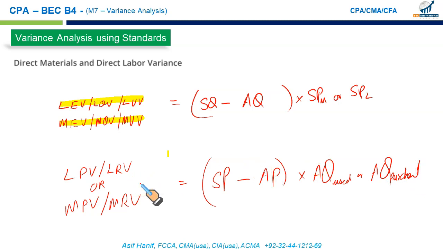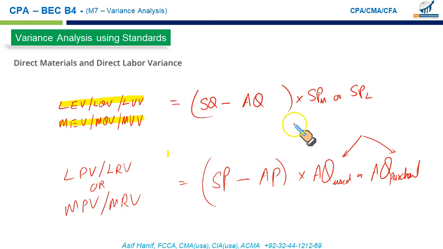Price variance or rate variance for material can be calculated for quantity used or purchased, but for labor, it will simply be the standard price minus actual price of labor into the actual quantity of hours worked. So this one, whether the material used variance price or the purchase price variance is to be calculated, there's two possibilities. But for labor, remember, standard price for labor minus actual price for labor per hour into the actual quantities of labor hours worked.